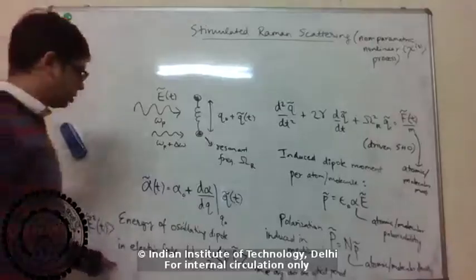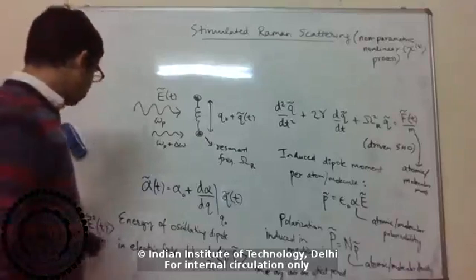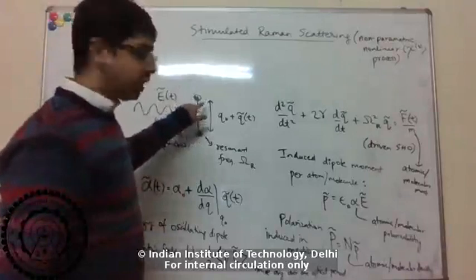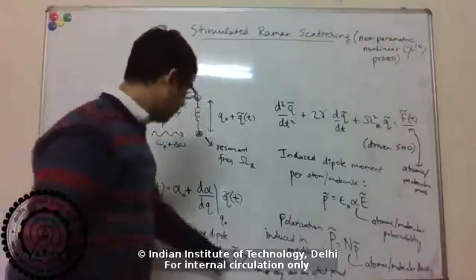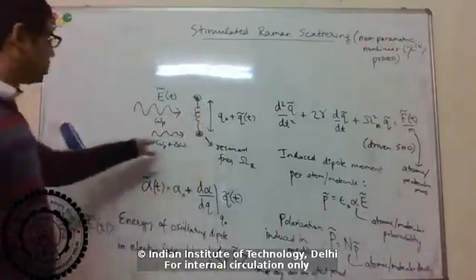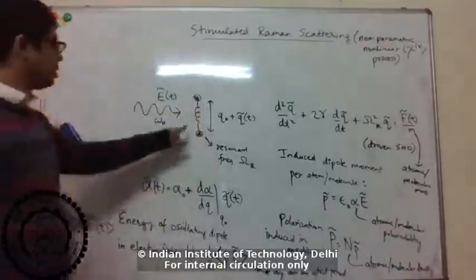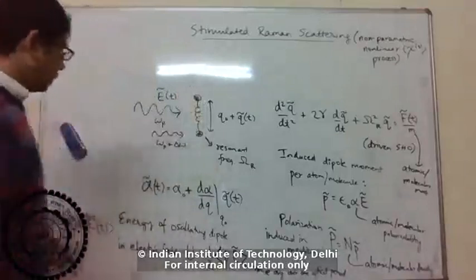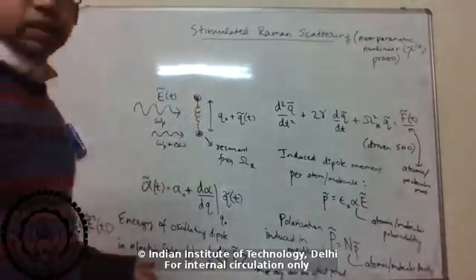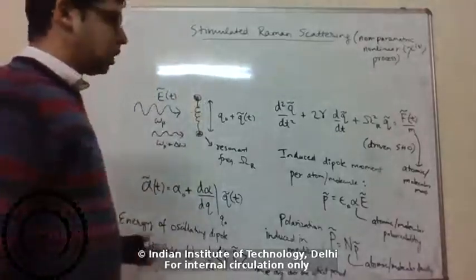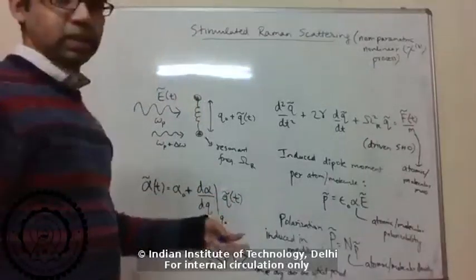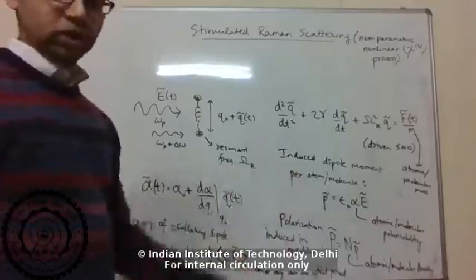That energy of course depends on the displacement or the position here, because P, or alpha, depends on that. So this energy depends on this displacement Q, which means we have a force. When you have position dependent energy, the derivative of the energy gives you a force.